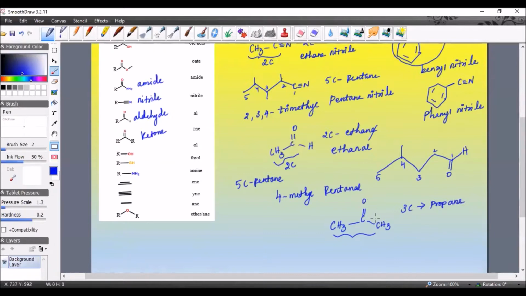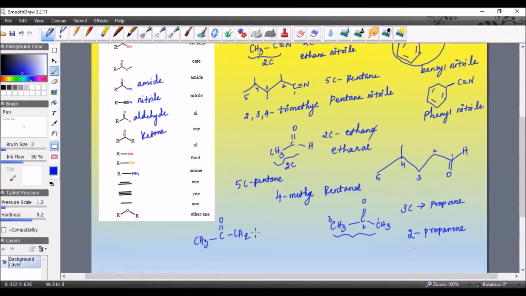And in this case it's symmetrical, so it doesn't matter which side you number from, 1, 2, 3. But normally the functional group will be pushed to one side or the other, whichever side is physically present, that's where you start. In this case it doesn't matter. The C double bond O group is right on the second position, right? So you write everything with propane, again get rid of the E and write ONE for ketone. So 2-propanone.